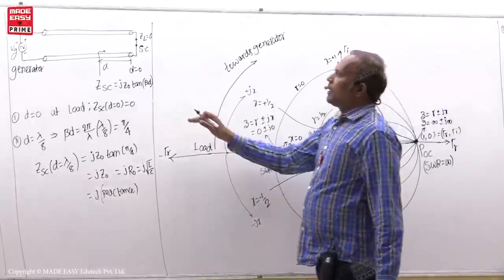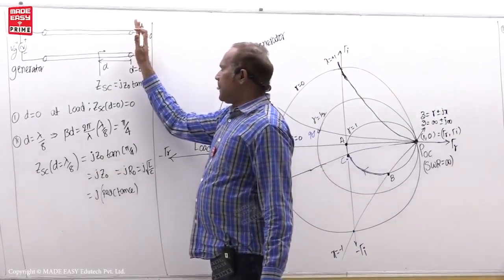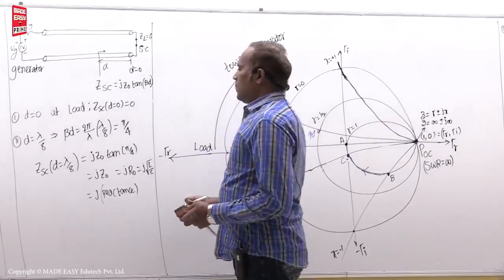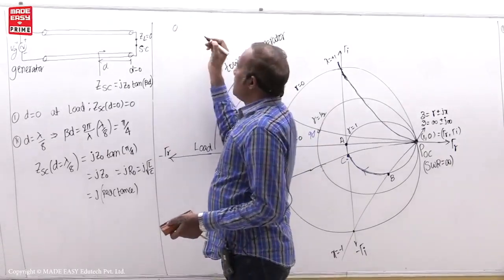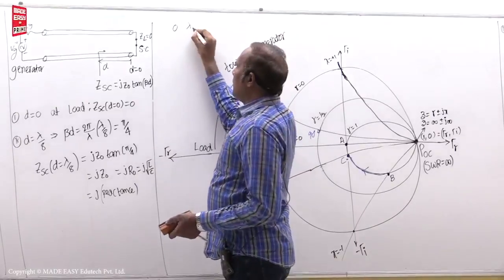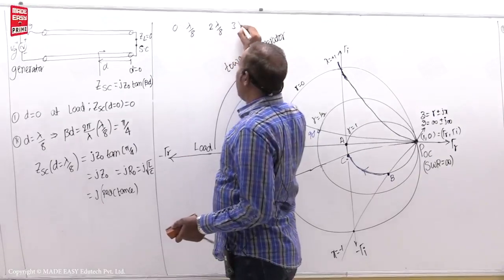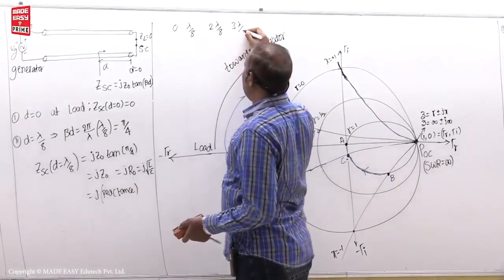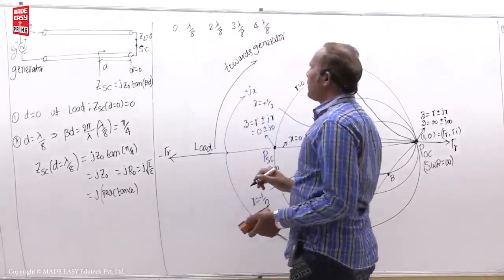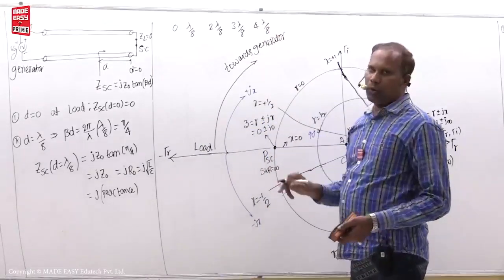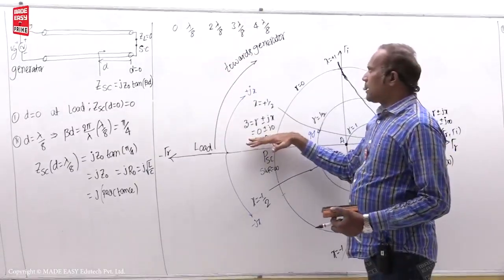So for example, here you go for approximately, I will do one thing, 0, lambda by 8, 2 times lambda by 8, 3 times lambda by 8, and 4 times lambda by 8. 4 times lambda by 8 is what, students? Lambda by 2. That means distance 0 means this location.